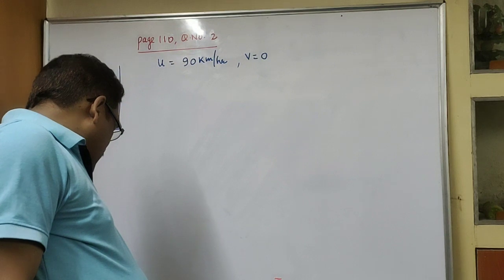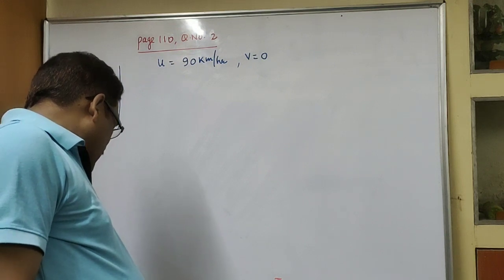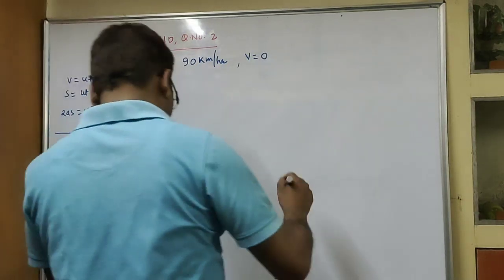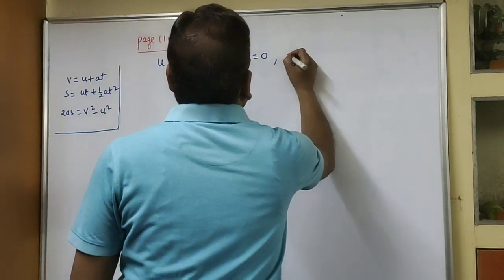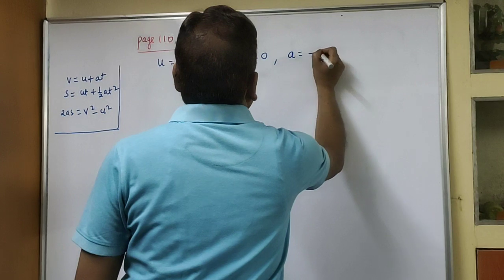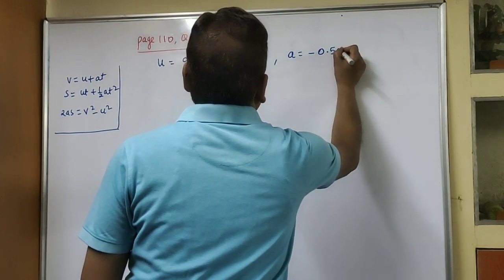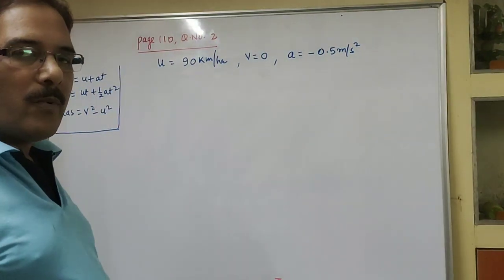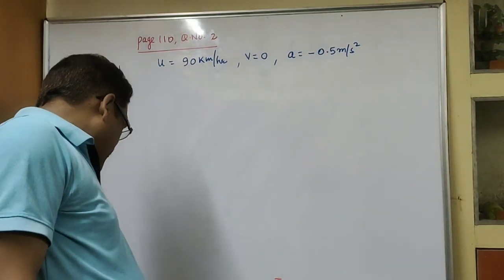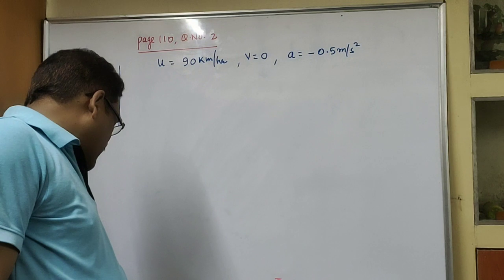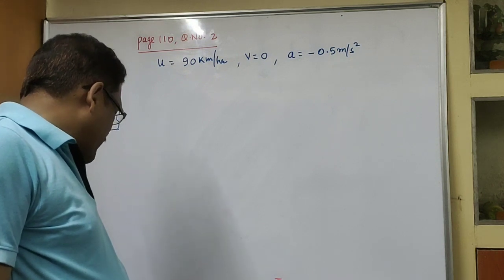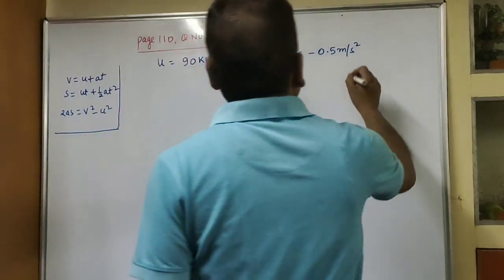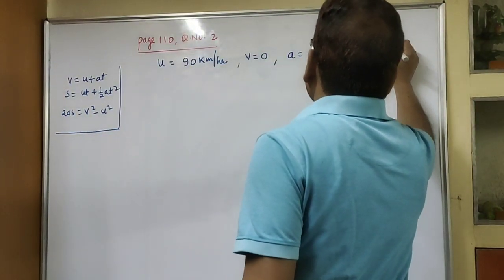Then to produce a uniform acceleration of minus 0.5 meter per second square. So retardation is given. It is minus 0.5 meter per second square. Find how far the train will go before it is brought to rest. It means what you have to calculate? s.